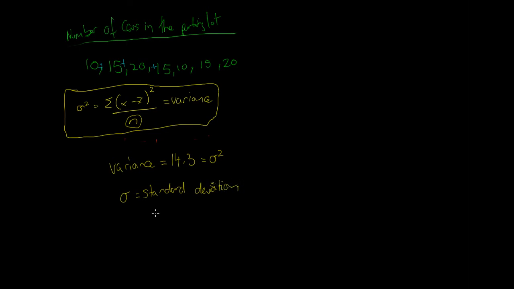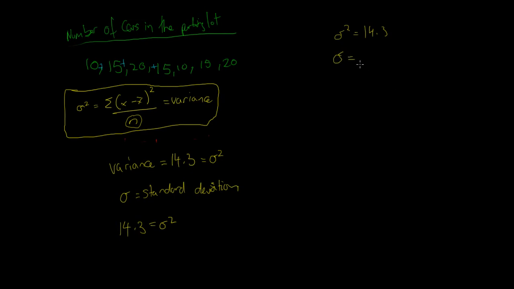So in order to get our standard deviation, we need to take the square root of the variance. We have our variance equal to 14.3, so 14.3 equals sigma squared. We're just going to do some algebraic manipulation to get our standard deviation. If sigma squared is equal to 14.3, we need to square root to get our standard deviation.